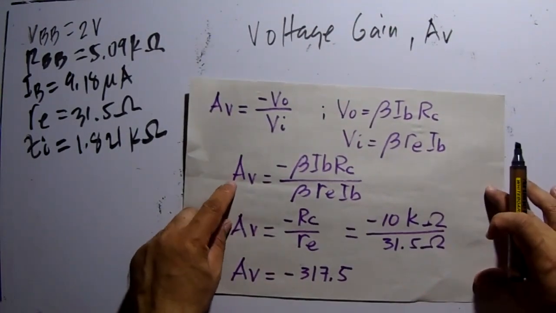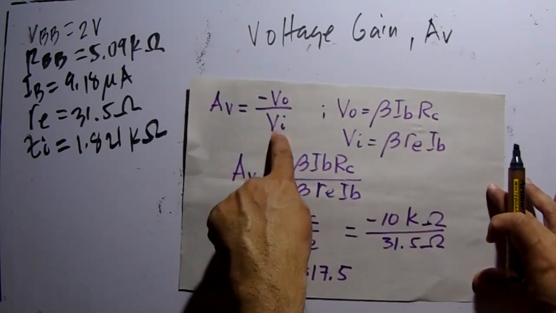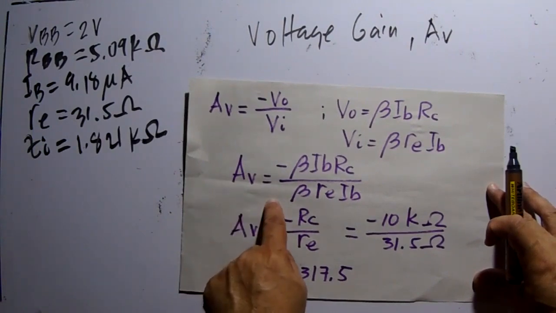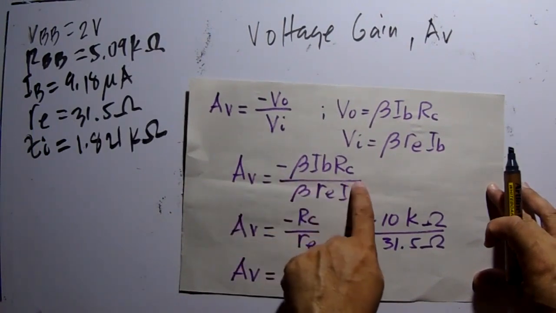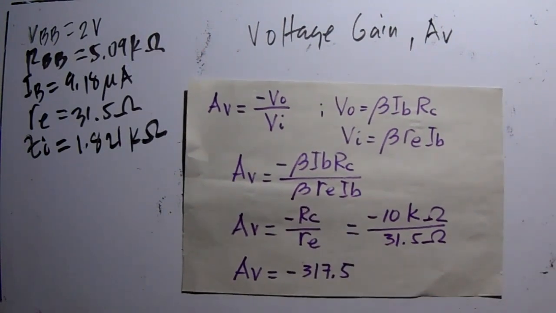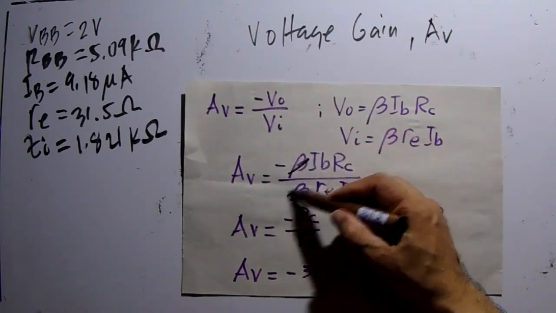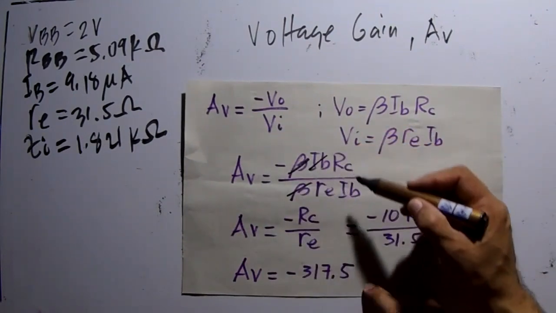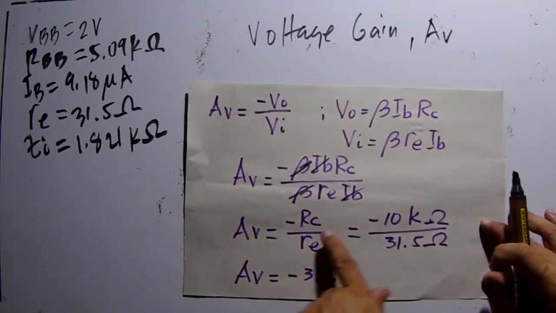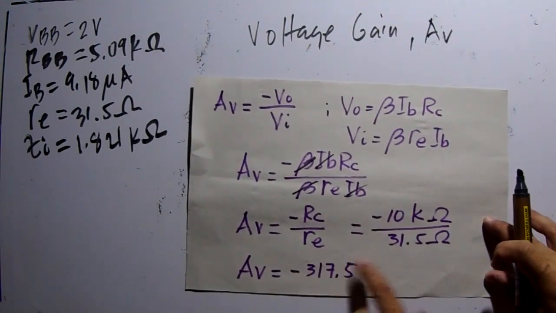And if we substitute VO over VI in our formula, AV therefore is equal to negative beta IB multiplied by RC over beta RE multiplied by IB. And it is obvious that beta cancels out and also IB, such that the voltage gain AV reduces to simply negative of RC divided by RE.